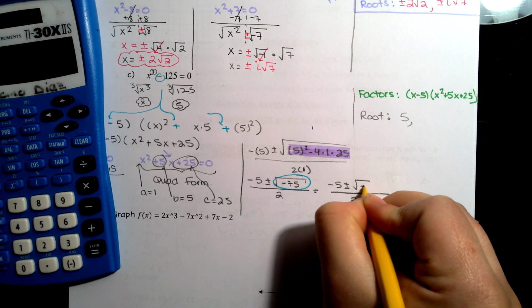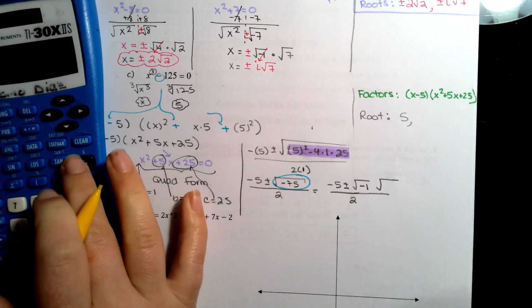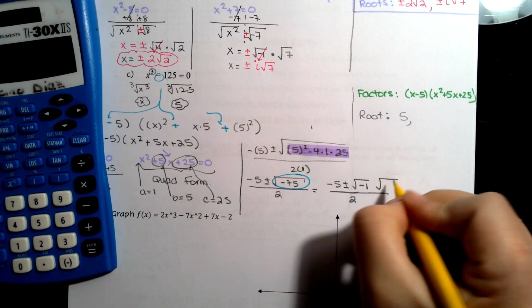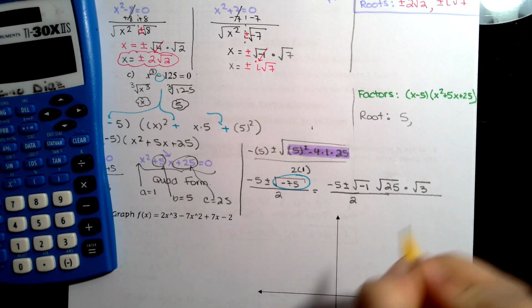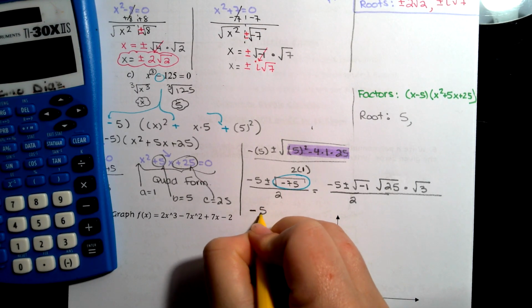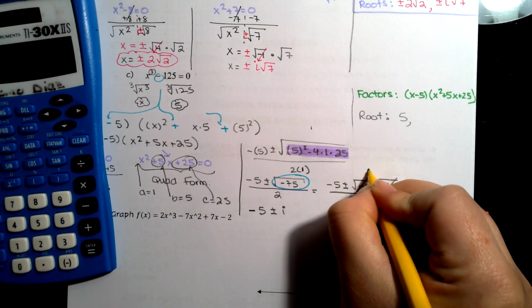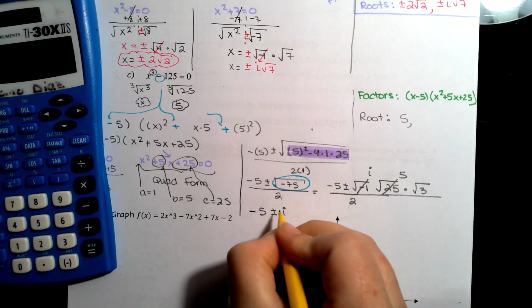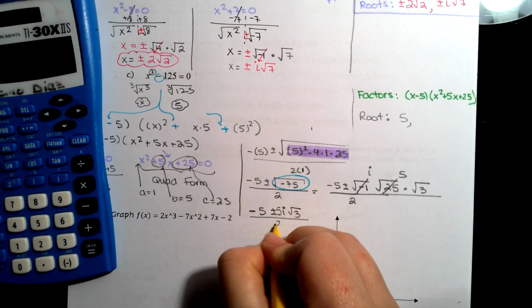I know I have a negative 1 in here that I can split up, but I also know 75 divided by 25 is 3. So I'm going to separate this out into 25 and 3. Which means that I can once again separate this out as negative 5 plus or minus i. This is i, this is 5, so I'm going to write 5i, order does matter, divided by 2.